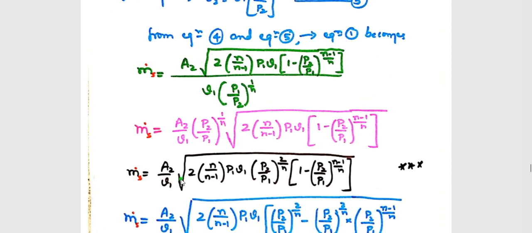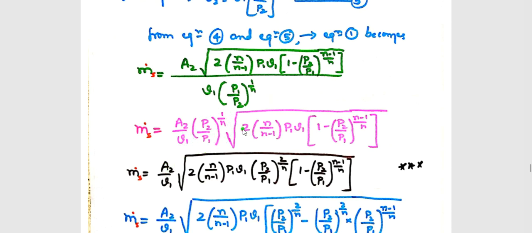Okay, now A2 by V1, here I have dotted with the 3 stars. So many students, when we go for valuation, we have seen some students get stuck here. Up to here they will derive and they will forget what to write in the next step. So it is very simple. A2 by V1 is as it is. Now you send this term, ratio of P2 by P1, within the square root.